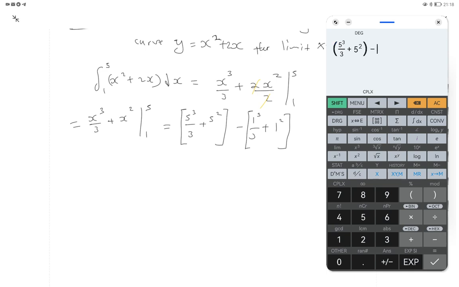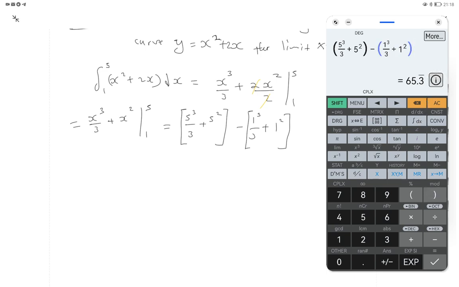There's minus the same contents, but here we have 1 power 3. Fraction first: 1 power 3 divided by 3 plus 1 squared, close bracket.